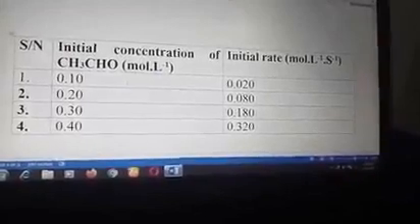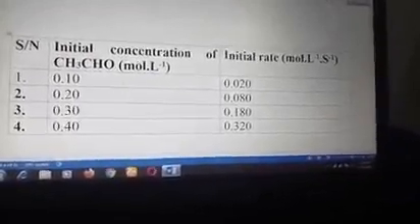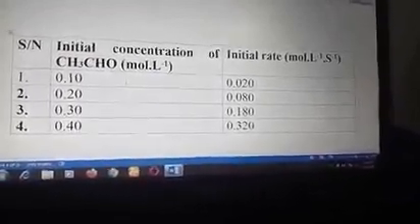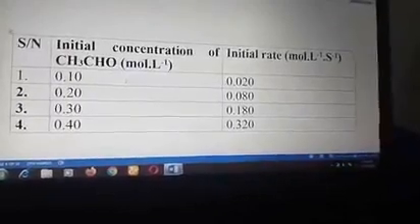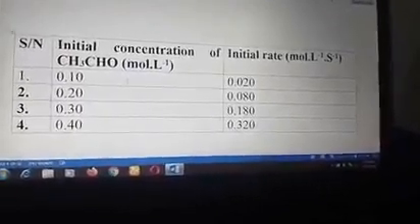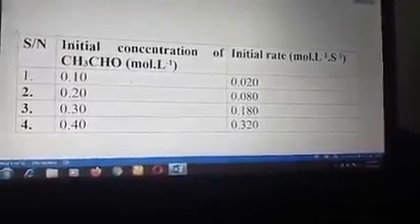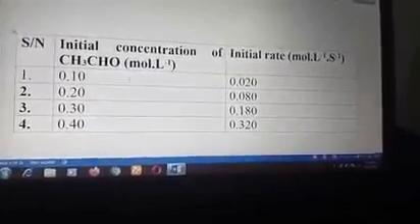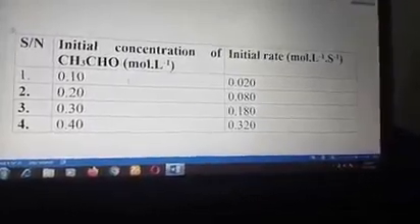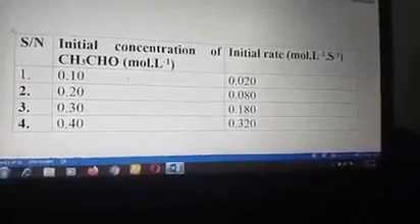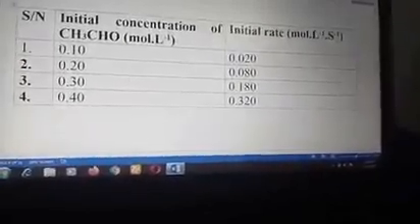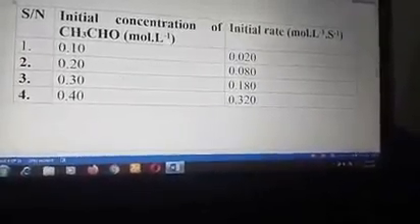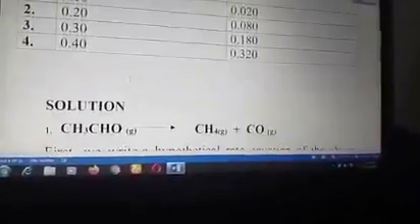The first column, initial concentration of ethanol in mole per liter: 0.10, 0.20, 0.30, 0.40. Initial rate in mole per liter per second: 0.020, 0.080, 0.180, 0.320.